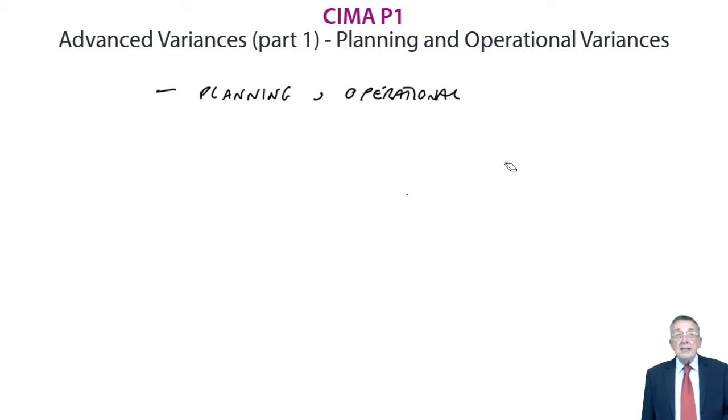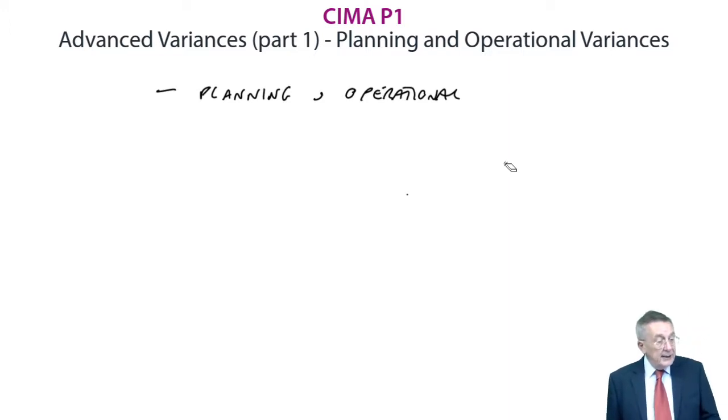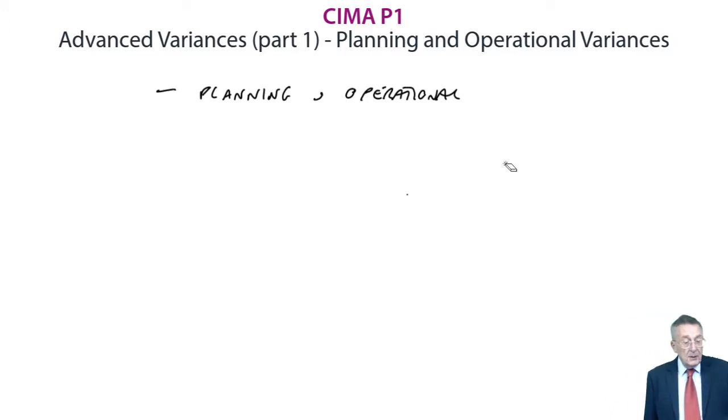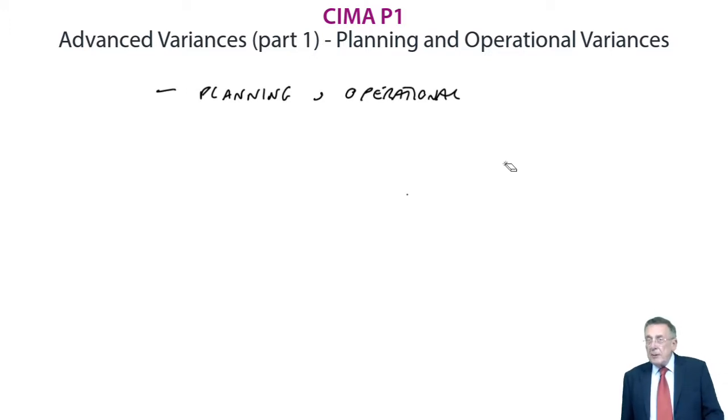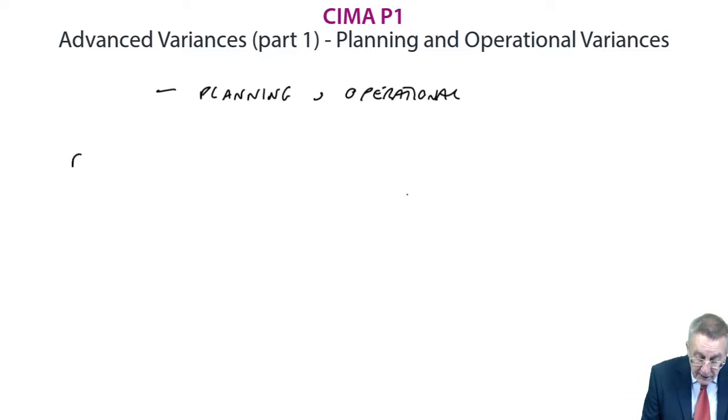And the reason I mention it is that if you have by any chance studied this before anywhere, university, or you've already looked at some books on this, if they weren't CIMA books, you may have seen it done a different way and get a different answer. Be careful. Again, the way I'm going to do it is the way CIMA prefers. Okay? Anyway, let's look first of all at the planning variance.